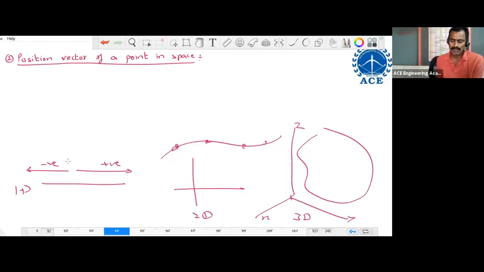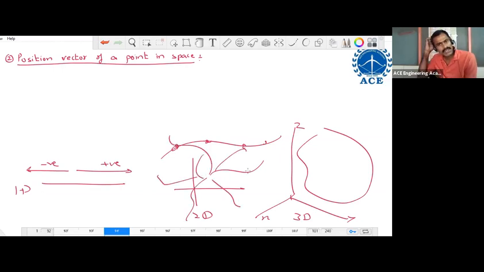But if you consider the same object in 2D space or 3D space, the object can move in any radial direction. That is why here we require the direction and also the magnitude. For this, we require vector calculus, which is required to study the motion of objects in space.